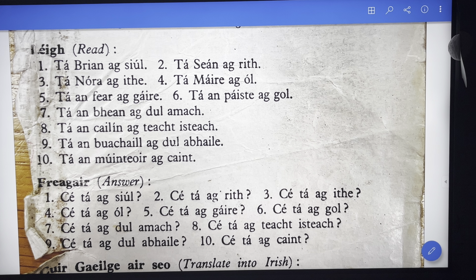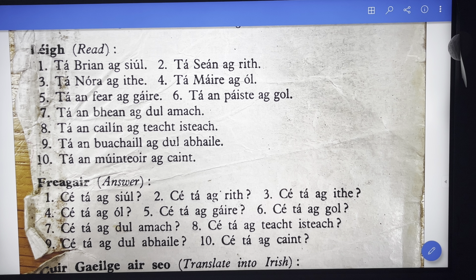Number 6, the child is crying. Number 7, the woman is going out. Number 8, the girl is coming in. Number 9, the boy is going home. Number 10, the teacher is talking.